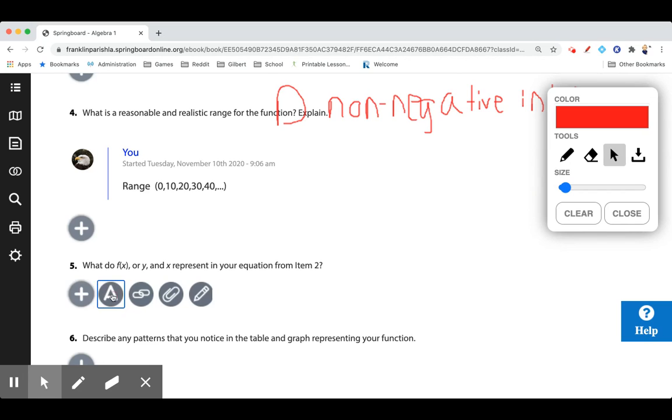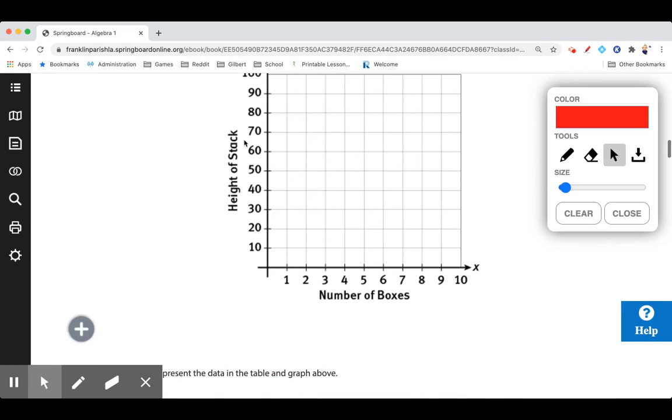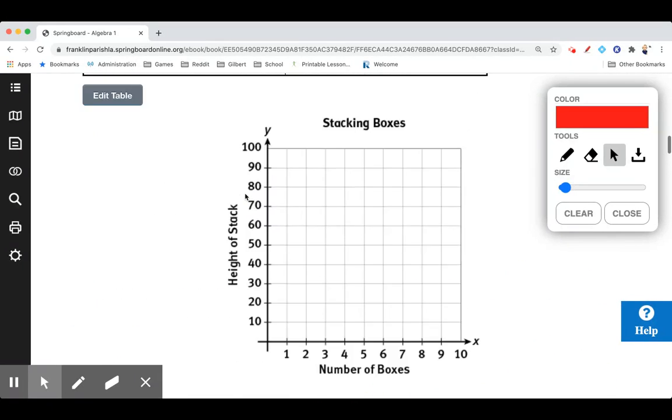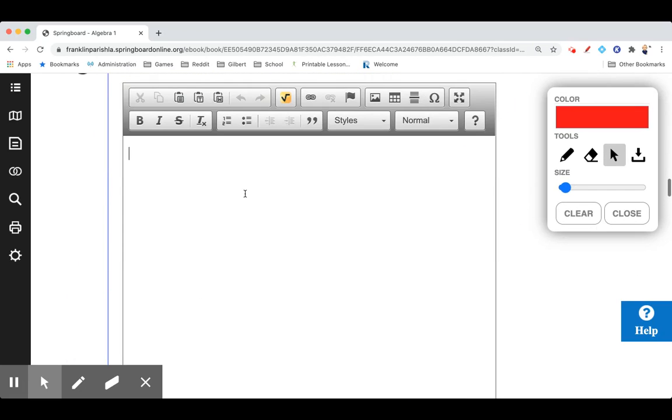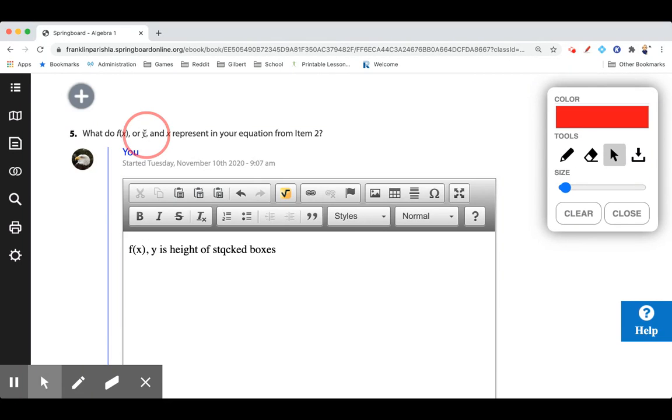All right, what do f of x, y and x represent in the equation? Okay, this is all sort of review. f of x, our function, is how high the stacked boxes are. It's the height of stacked boxes. Remember, that is also y. f of x and y are the same thing in this function.